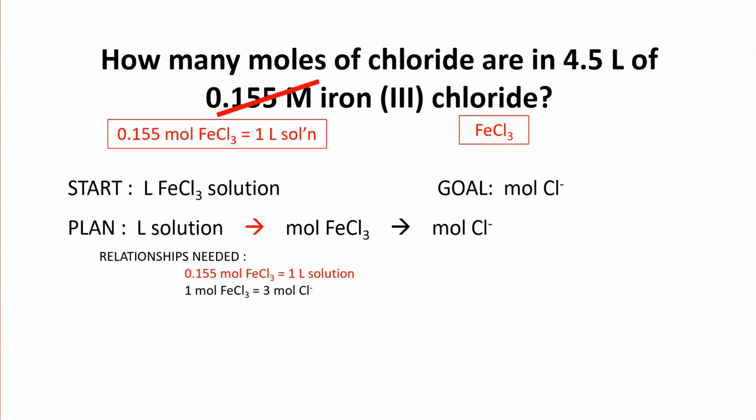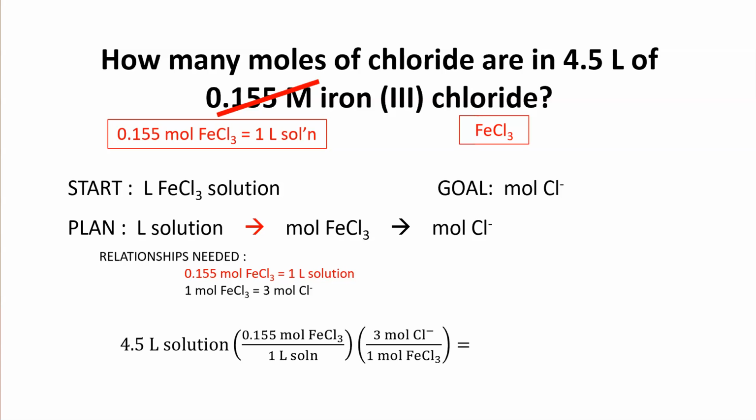So we can use that chemical formula that we got from the name in order to find our mole ratio. So there's 1 mole of iron 3 chloride for every 3 moles of chloride ion. That's what that little 3 subscript after the chlorine in the formula tells us.